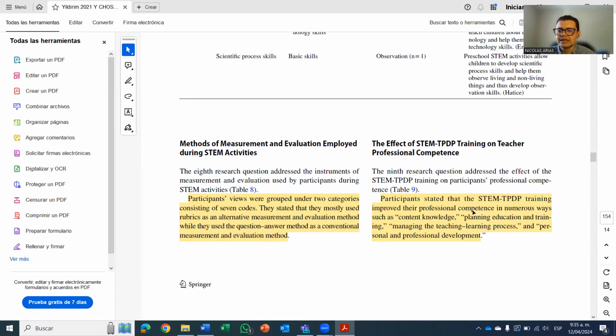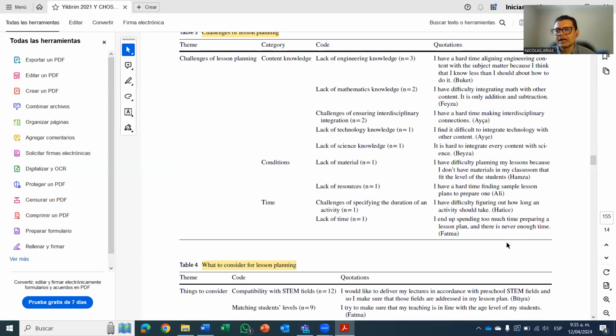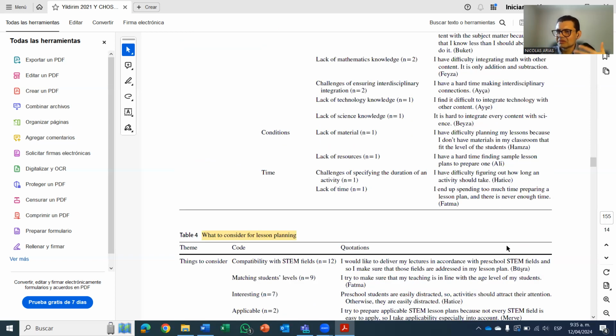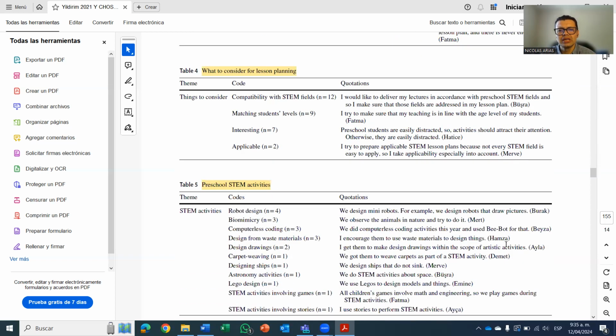Participants said that the STEM program improved their professional competence in numerous ways, such as content knowledge, planning, education and training, management of the training process, and personal professional development, because they say that it was also difficult.